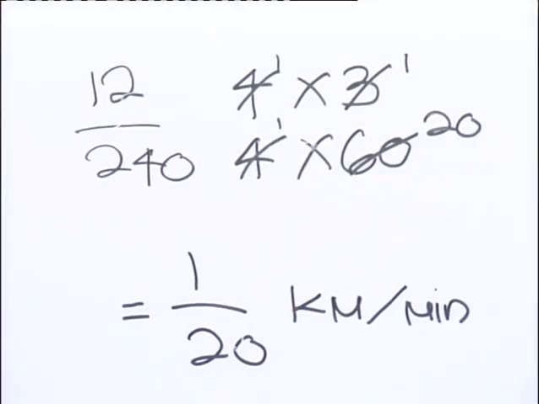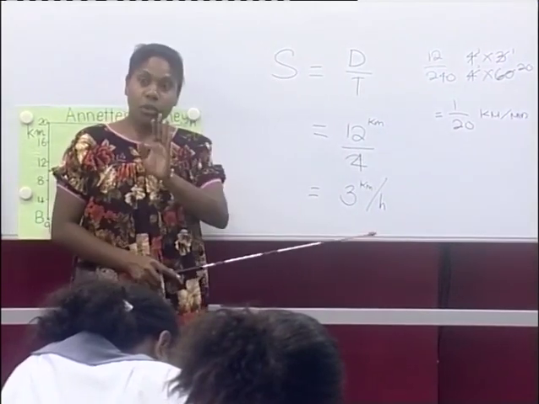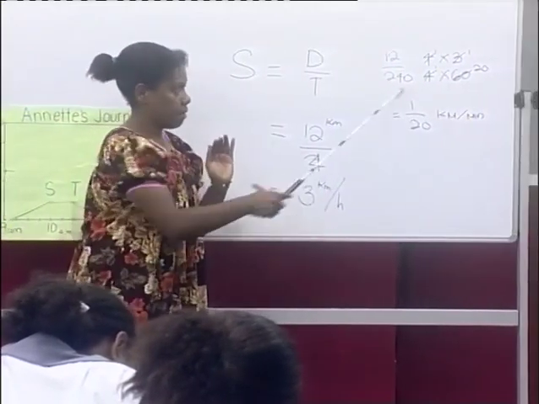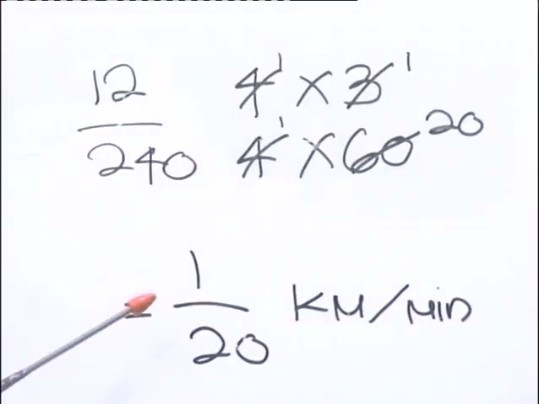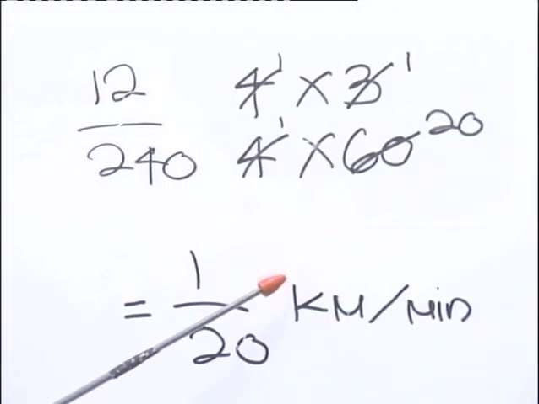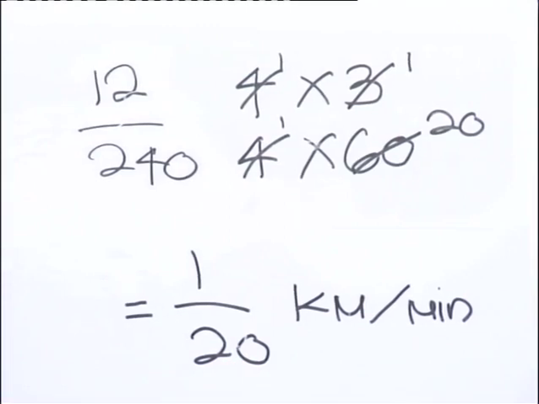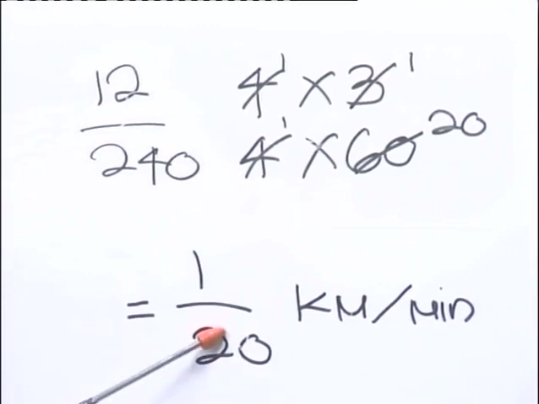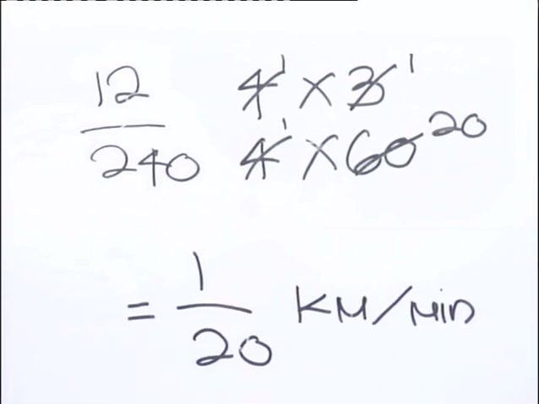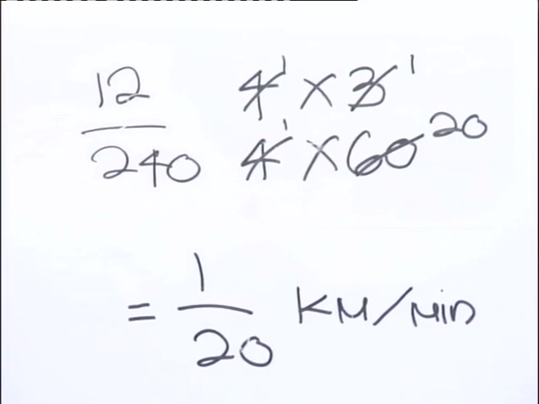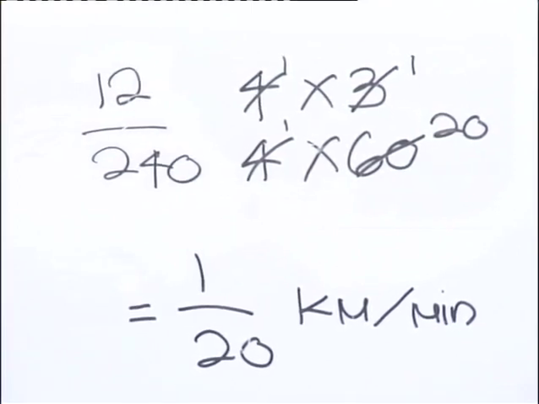There are two ways which you can express this fraction. You can say 1 kilometer per 20th minute. Class, are you listening? 1 kilometer per 20th minute or 1/20th kilometer per minute.